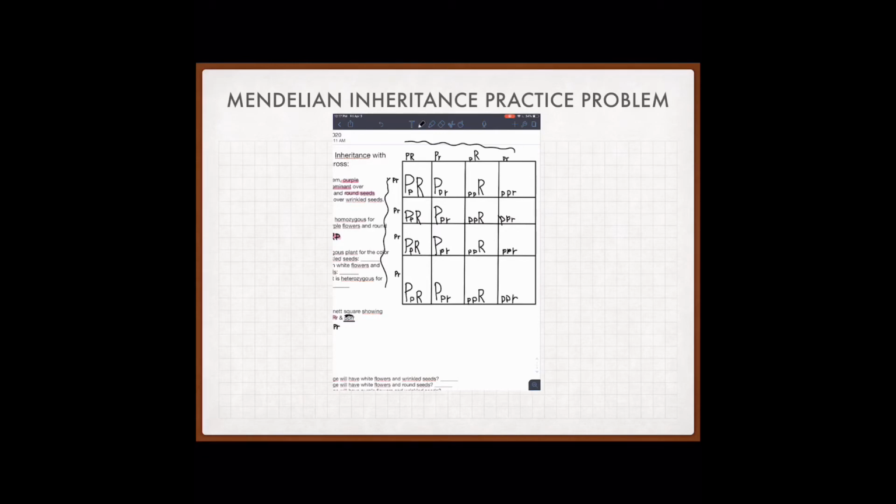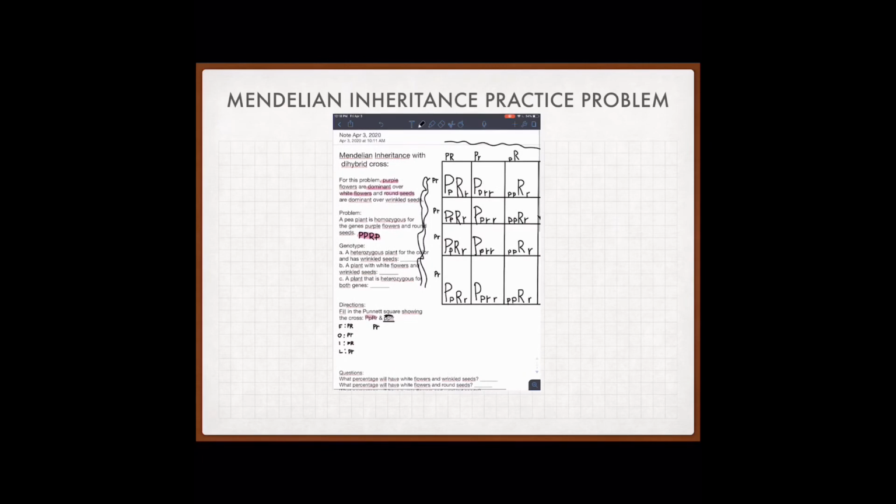Now we're going to go back over here one more time and fill in all of these r's. Like this. They're all going to be lowercase. Okay, so we have our dihybrid cross filled out.